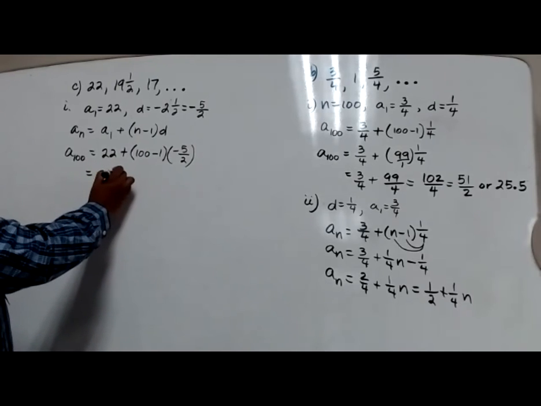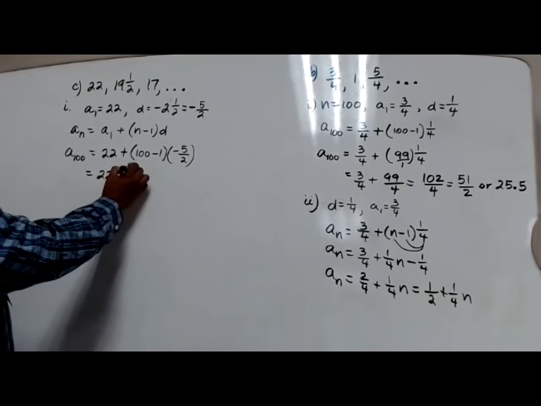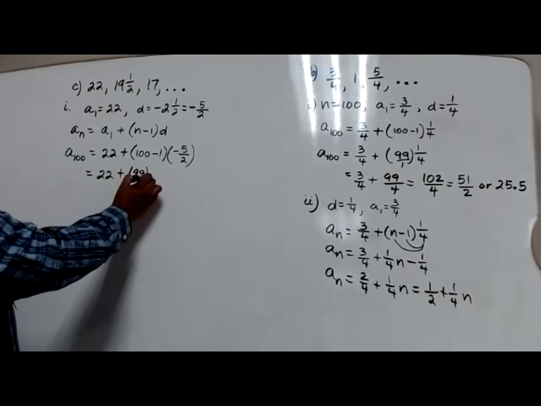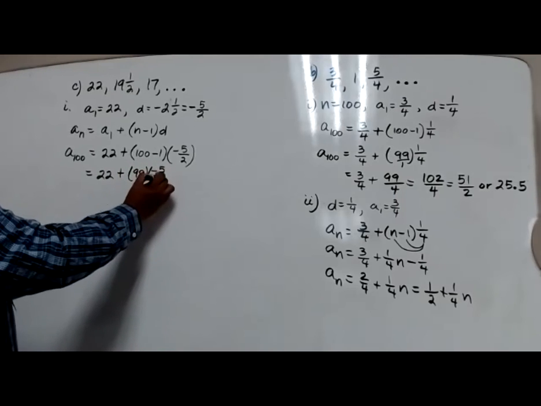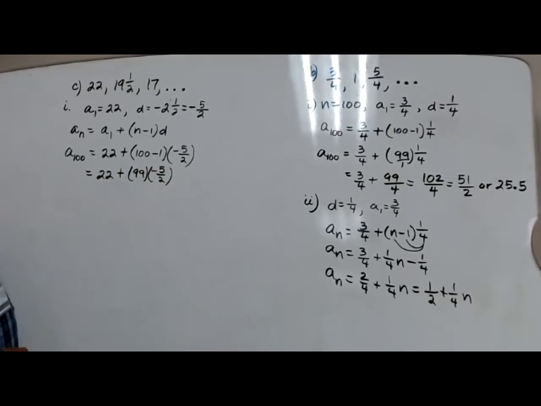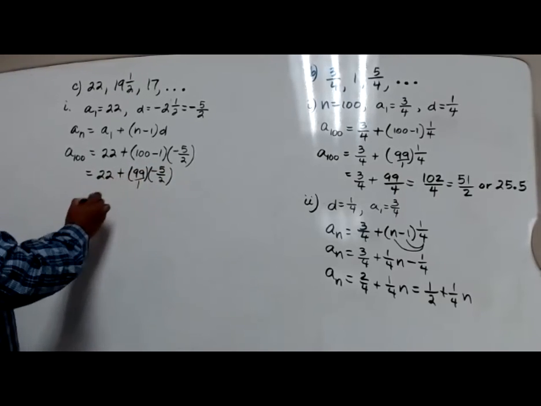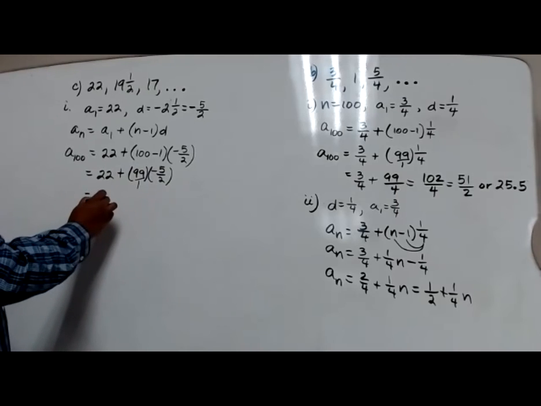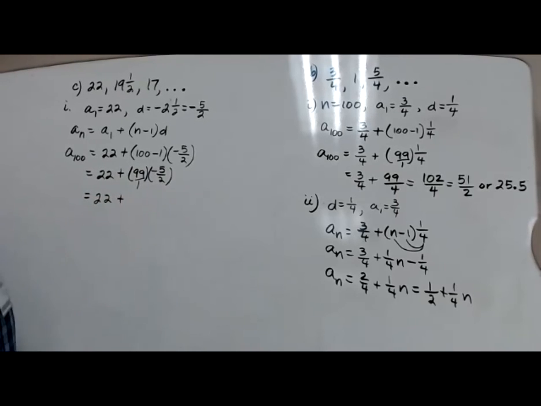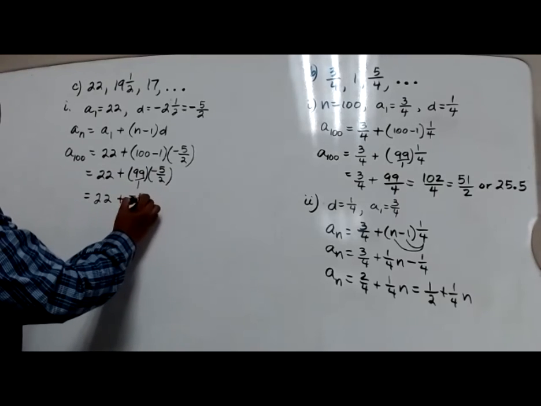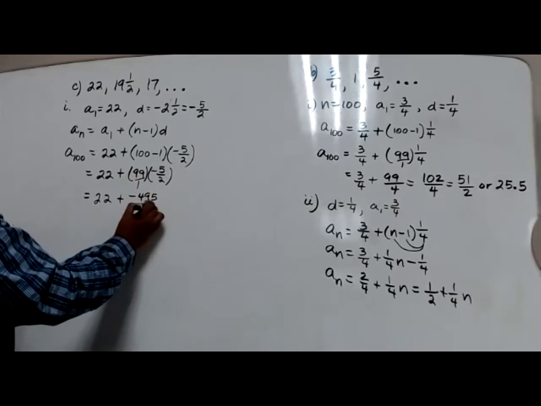So this becomes 22 plus 100 minus 1, that's 99, times -5/2. We'll treat that as 99 over 1. So this will be 22 plus 99 times -5, which would be -495 over 2.